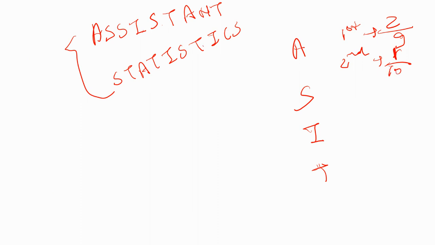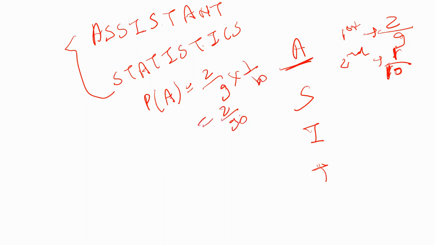So the probability of choosing A from both words is 2 by 9 into 1 by 10, which is 2 by 90. Similarly, can you tell me for S, I, and T also?